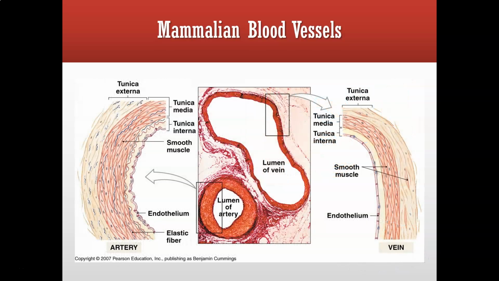So if we were to look at these guys under a microscope, you can see the big difference here. So here's that lumen, or that opening where your blood would flow. And if you look, it's much tighter, much thicker muscular wall here in your arteries. They maintain their shape much more. Whereas if I look at a vein, much smoother, much thinner layer of muscle.